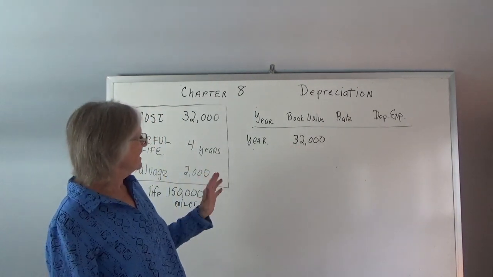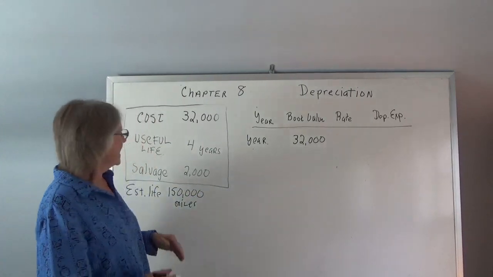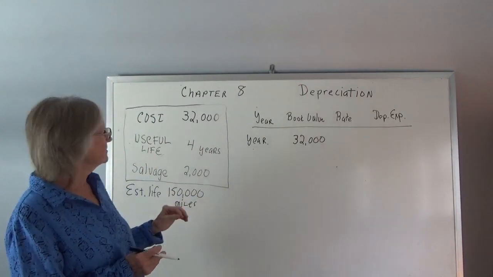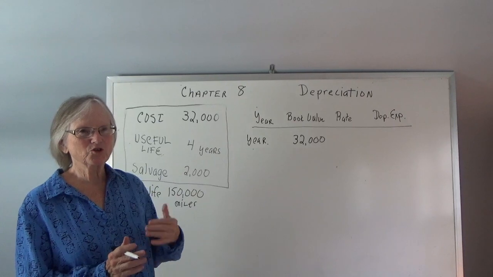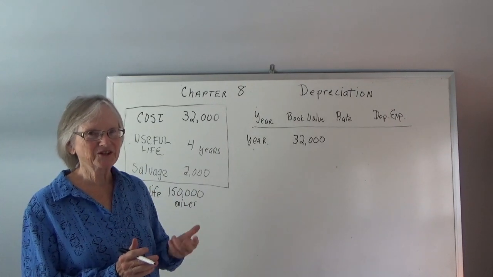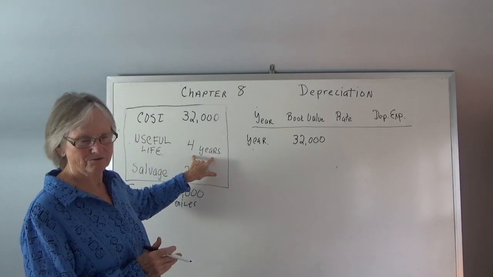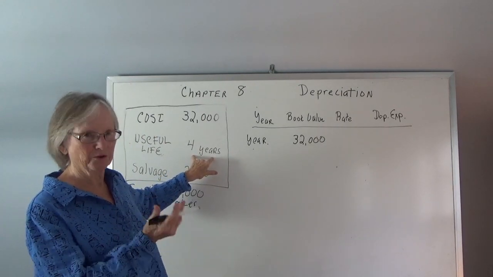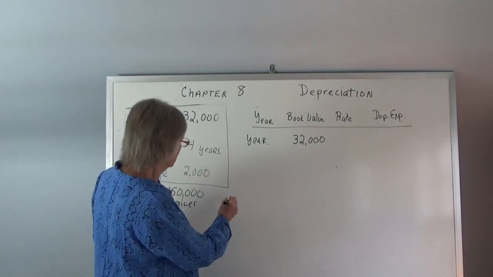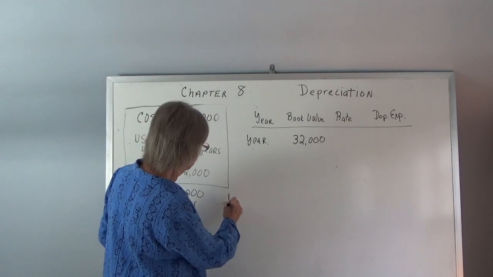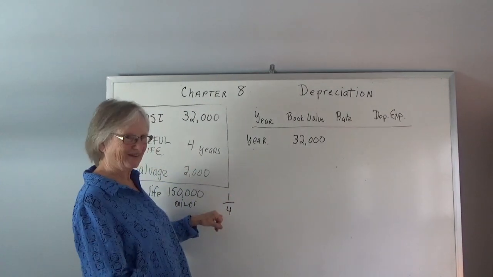All right, now the rate. How do we figure that out? Double declining balance is going to be twice the straight line rate. Now, the straight line is 4 years. That means if we had to convert that to a rate, we would say we're taking 1/4 each year, okay?